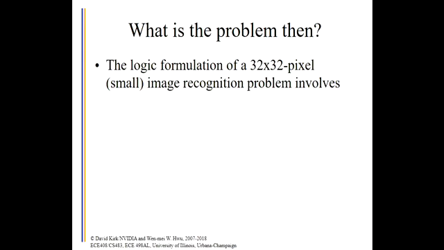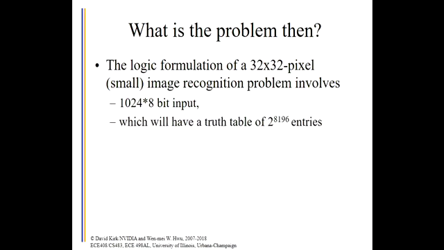So if we do this, 32 by 32 will have 1,024 pixels. And then each pixel has 8 bits, so we have 8,192, I believe, total bits as the input, right? 8,192 bits of input.